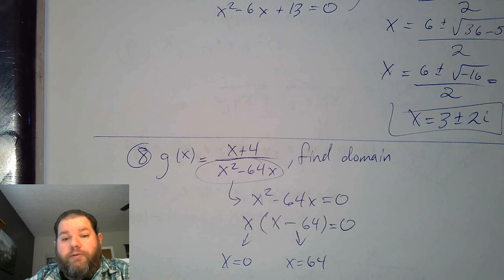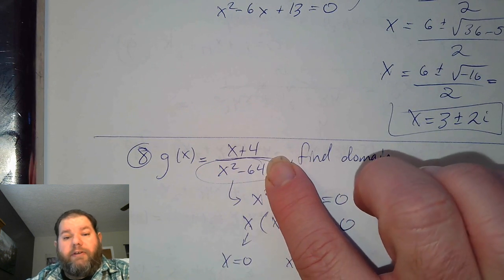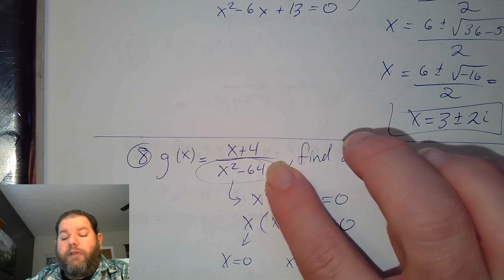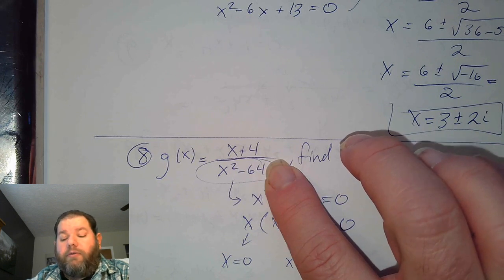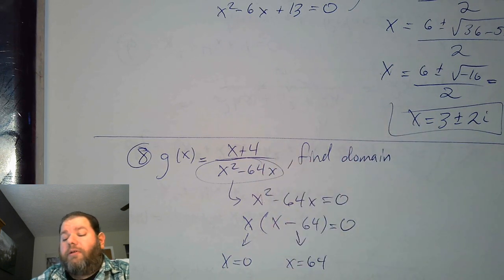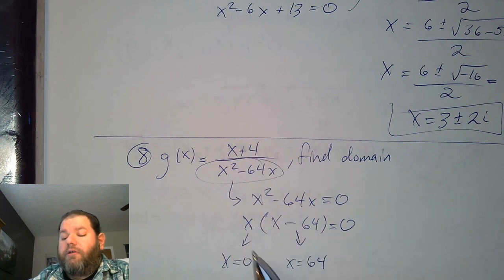The answer that the book or that the exam is trying to get you to solve is x squared minus 64 without the x, which gives us two answers, 8 and negative 8. We don't want to fall for that trap, though. The x is there, so we can factor out the common factor. Now, 0 and 64 are not the domain.